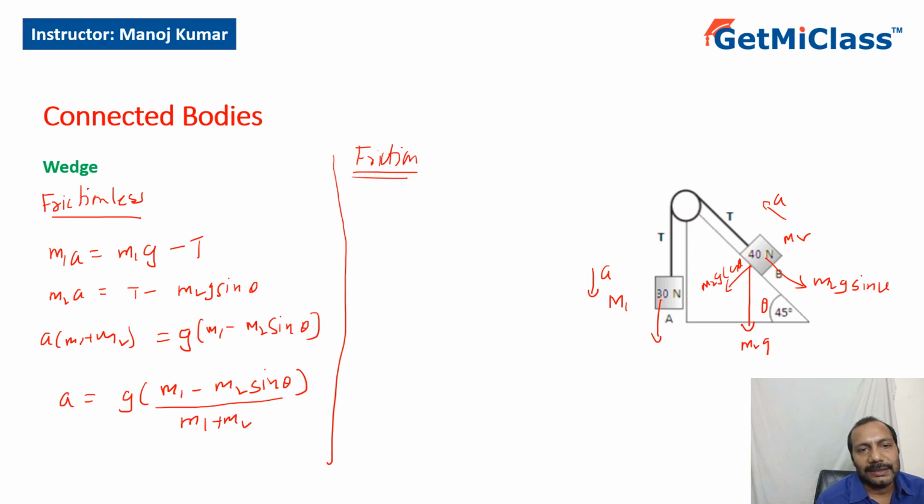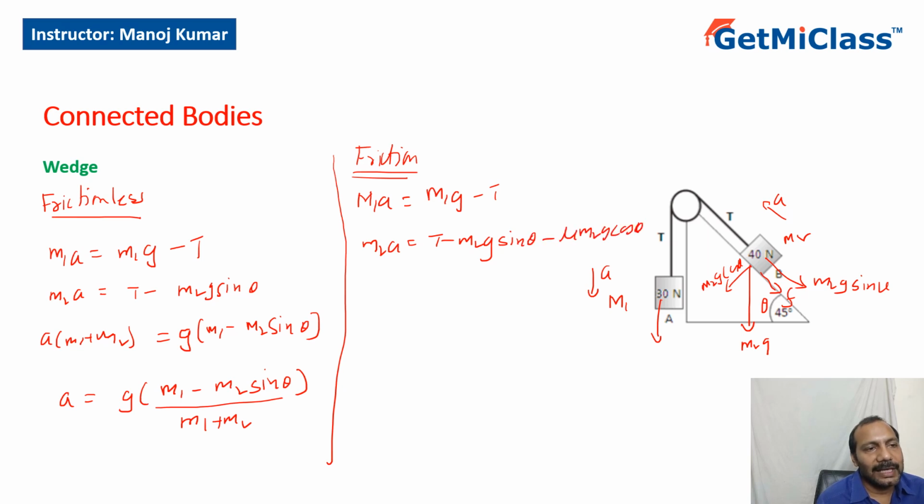With friction, the equation of M1 doesn't change, it will remain as M1A equal to M1G minus T. Now what will happen to the equation of M2? There will be a frictional force acting downwards in this case. So in that case I can write M2A equal to T minus M2G sine theta minus mu M2G cos theta.